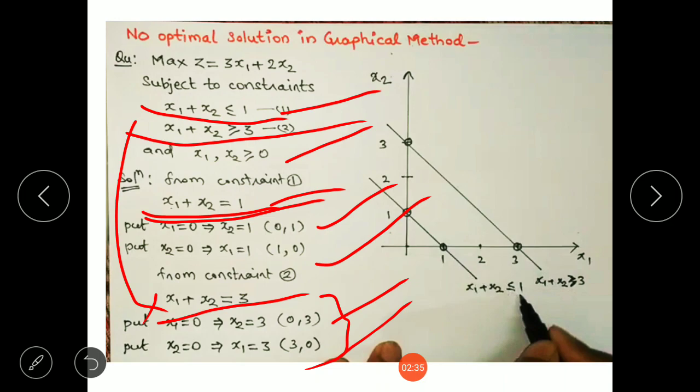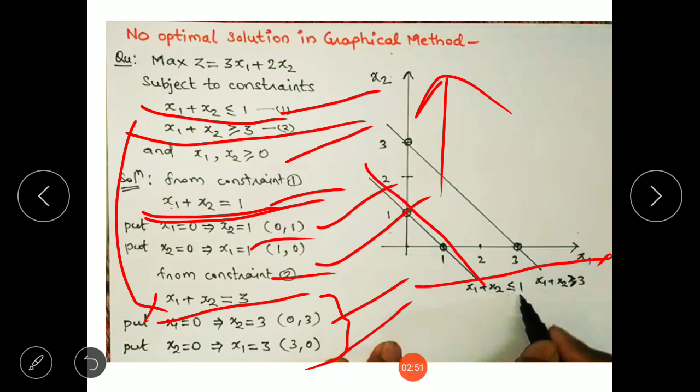Now we'll plot these points on the graph. Here the horizontal axis is x1 and the vertical axis is x2. After plotting the equation x1 plus x2 equal to 1 using the points (0, 1) and (1, 0), we got this line. And we'll plot the points (0, 3) and (3, 0) for the equation x1 plus x2 equal to 3.